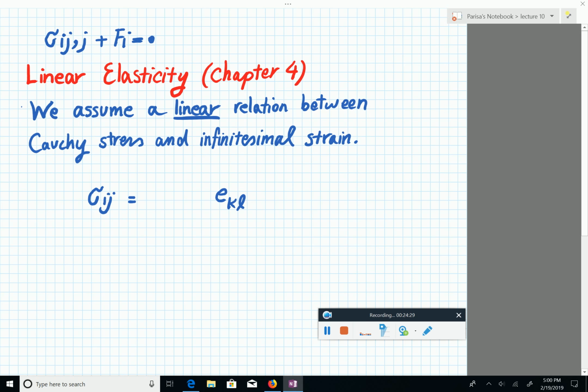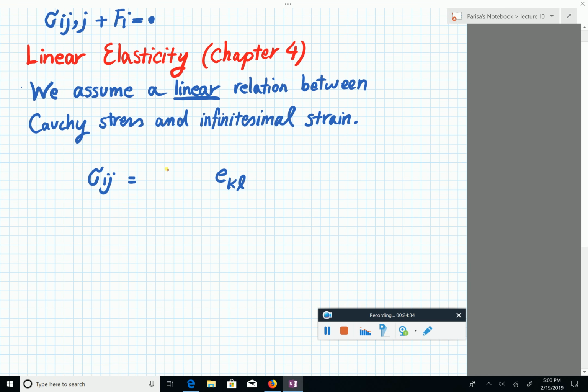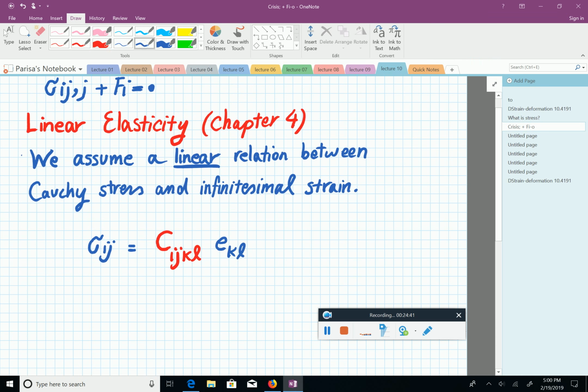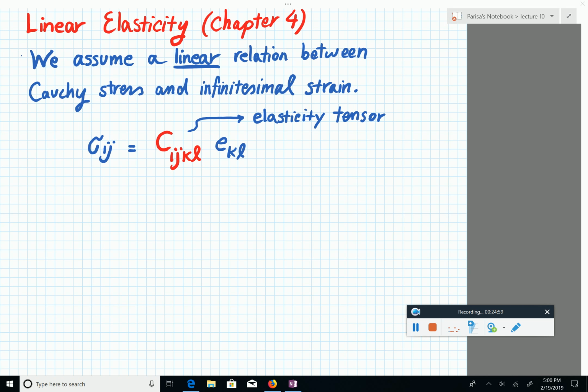So here it is. Perfect. This is called the elasticity tensor, and this is sometimes called, as you have seen before, generalized Hooke's law.